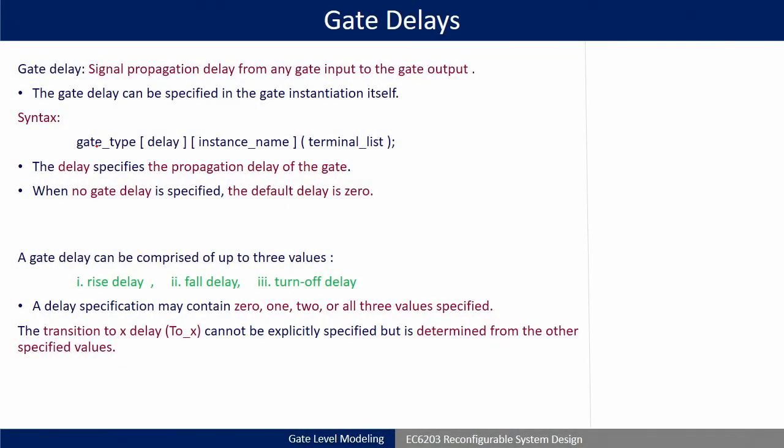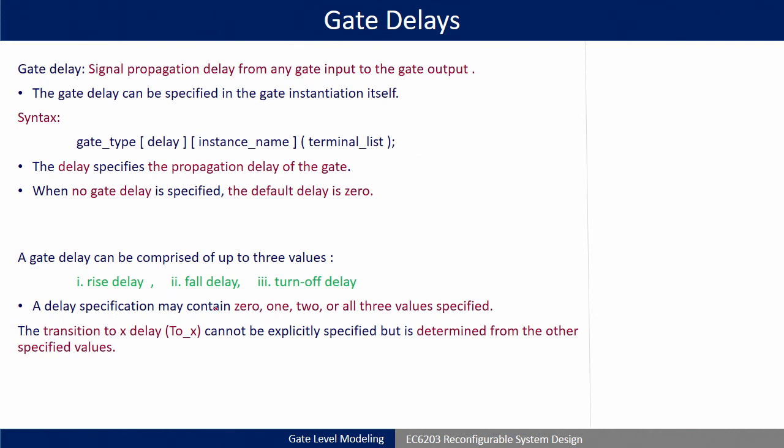But while writing the syntax for the gate delays, we have to define only 3 types of delay: rise delay, fall delay and turn-off delay. Depending upon these 3 delays, the transition to x delay, which is called TOX delay, will be specified. So, there is a table. By seeing the table we can find out how many delays I have specified here.